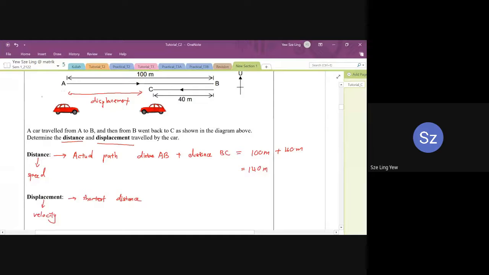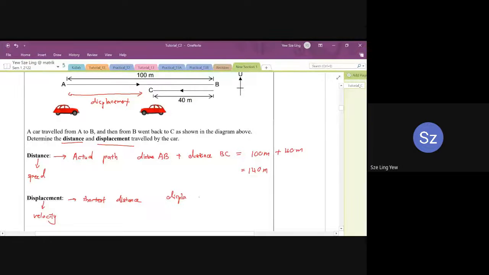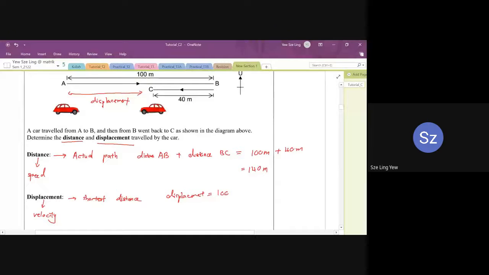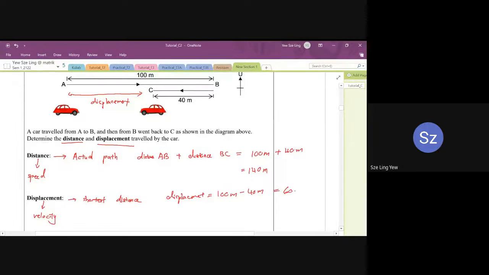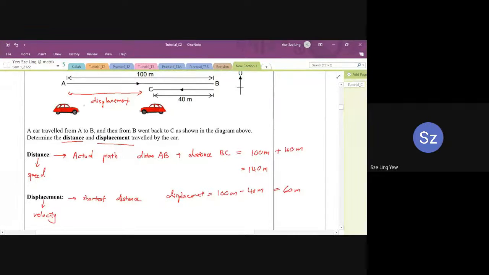So the displacement between these two objects, A and C, based on the diagram, equals 100 meter minus 40 meter, which equals 60 meter. Even though both refer to the same case, one you plus 40 and one you minus 40, because you want the shortest distance between two objects.